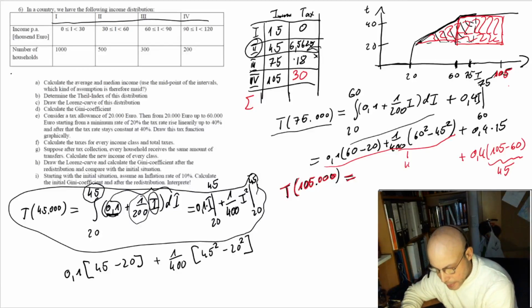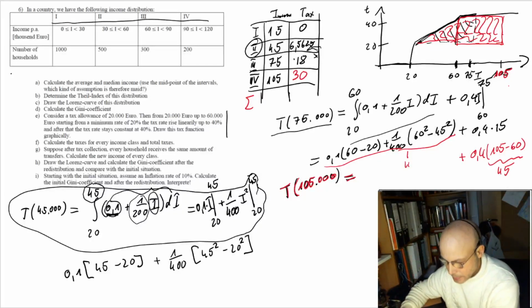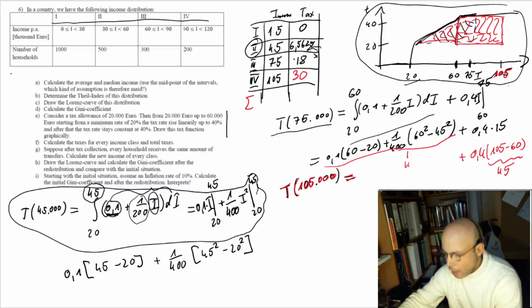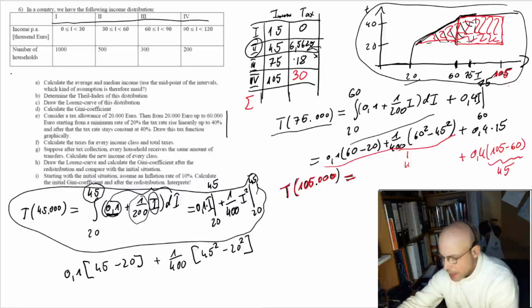And then we said we had a tax rate system, and this tax rate system should look like this: the first 20,000 euro of your income should be for free. Then we have a linear increase of the tax rate from initially 20% to 40%, from 20 to 60,000 euros. And after that, the tax rate should be constant at 40%.